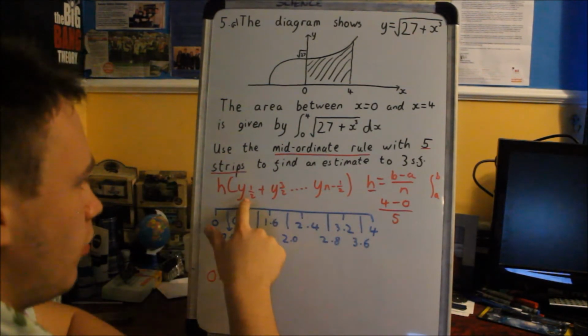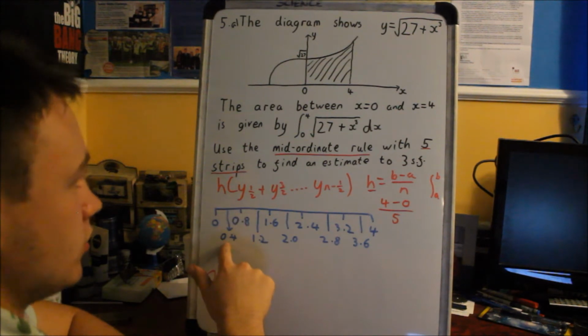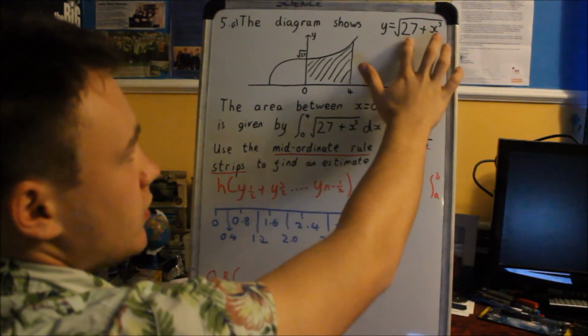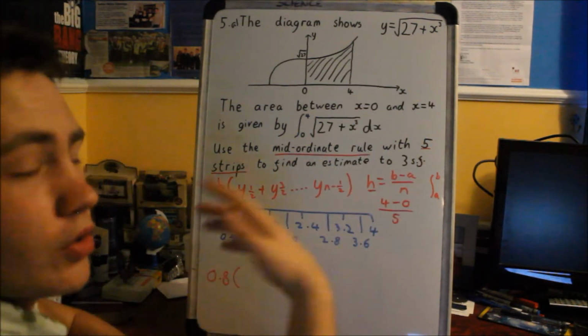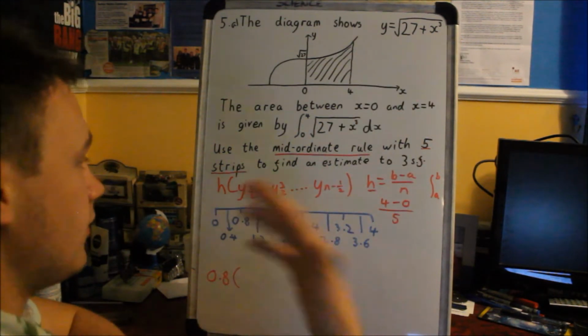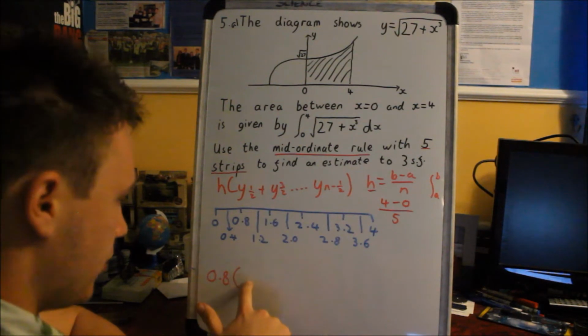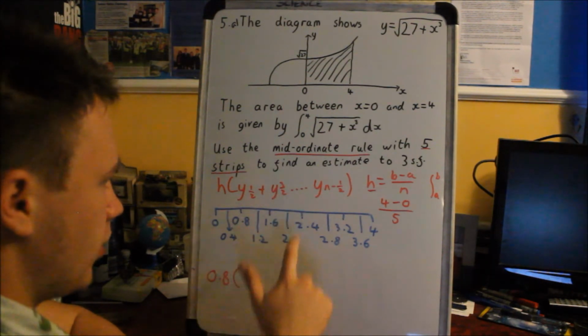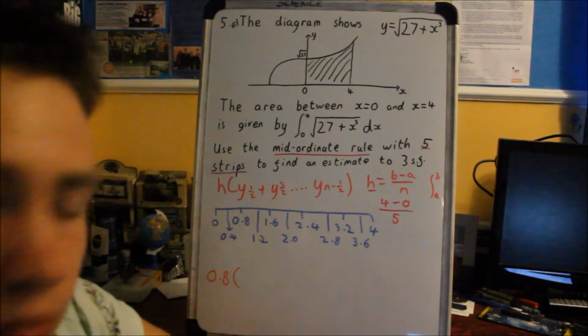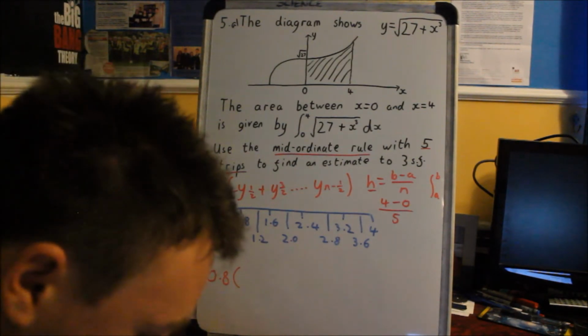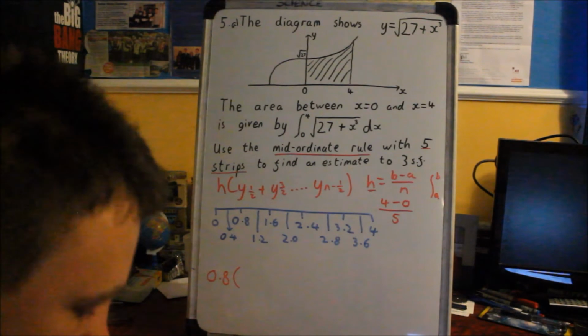So our y half has x half, which is 0.4, so we put it in here, so we'll have the square root of 27 plus 0.4 cubed, and that will give you a y value, and that's what we put in our final equation, then y 3 over 2, and so on. So let's have a look at what all of these values are. I put them in my calculator a minute ago, you can do the same thing.